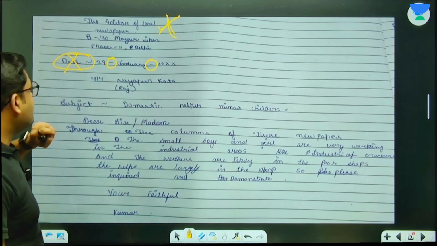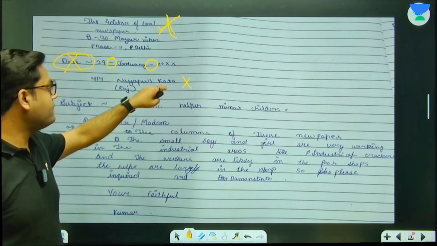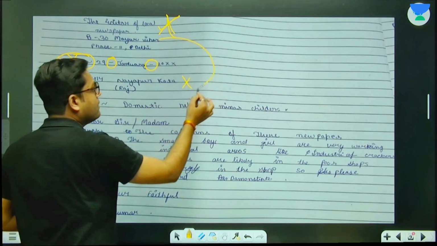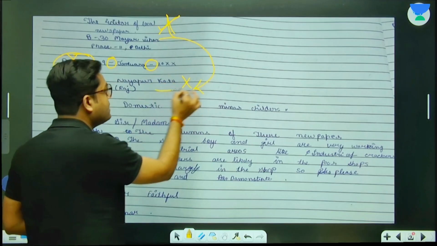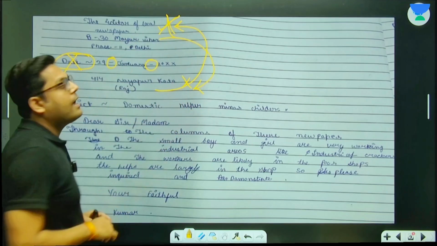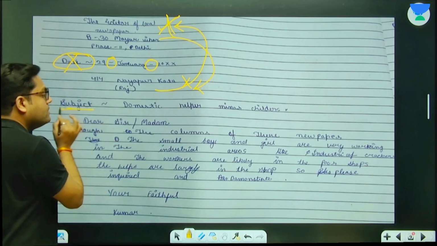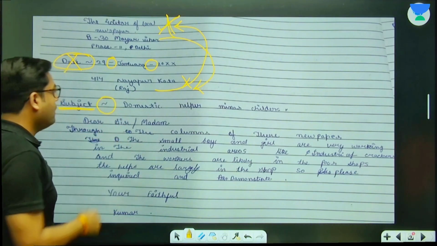Then the student has used the sender's address at the place of the receiver's address, which is totally wrong. So this should come here, the receiver's address, and the sender's address should go at the top. All right. Then as you can see in the subject, the student has used an equal or somewhat equal sign, which is totally wrong.